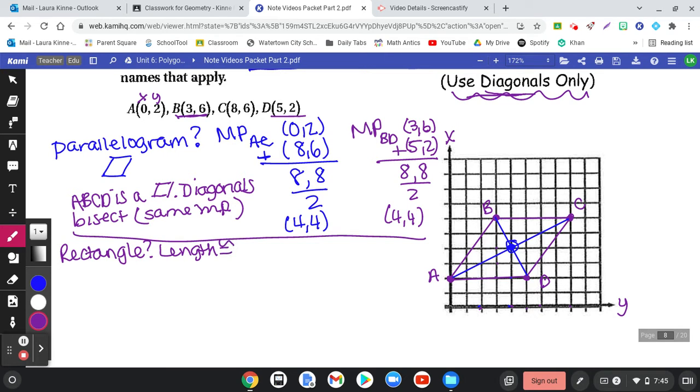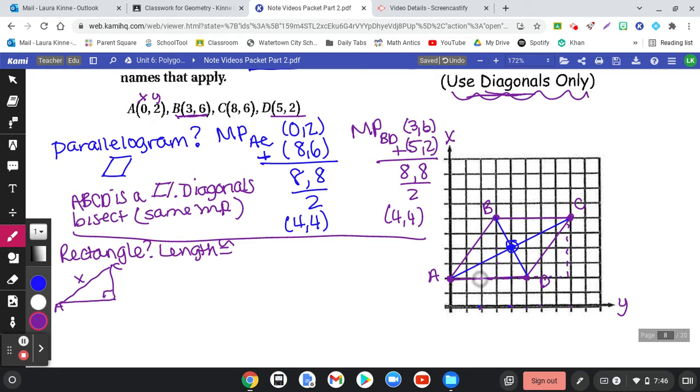So again, you could use your distance formula if you want, or you can make these into a right triangle. So for AC, and I'll even sketch it over here. AC is your hypotenuse because it's across from the right angle. It's the diagonal.